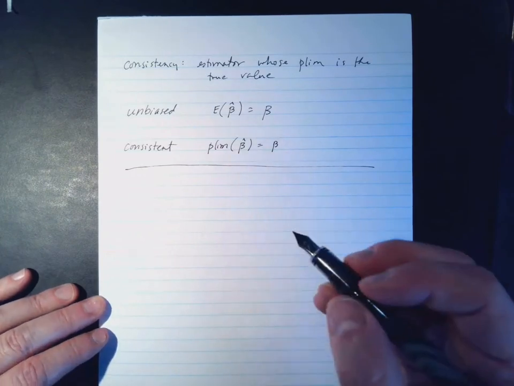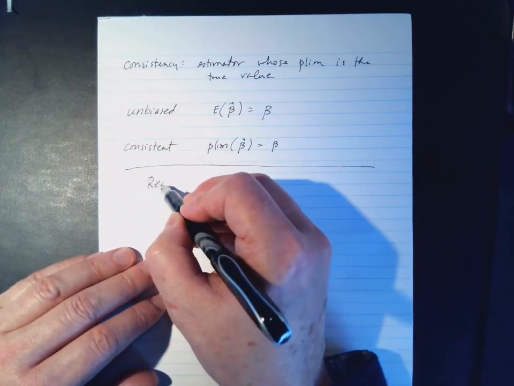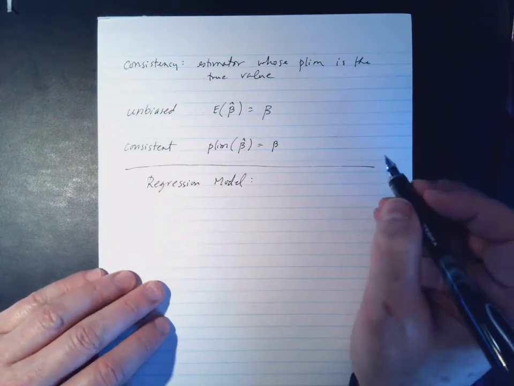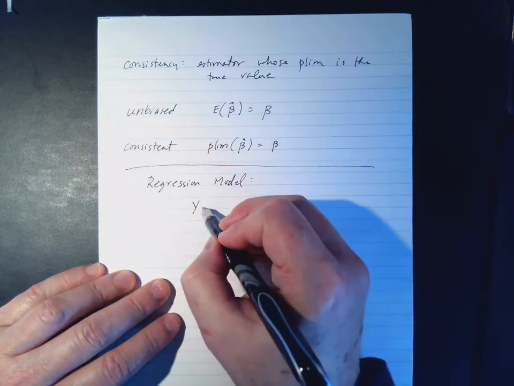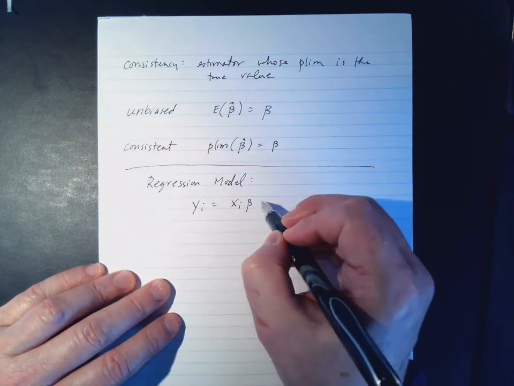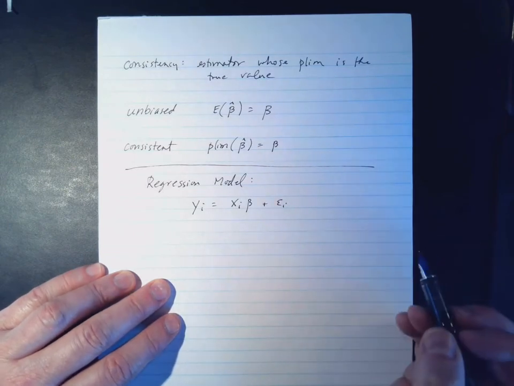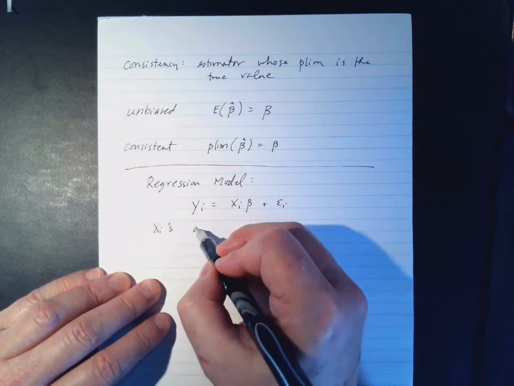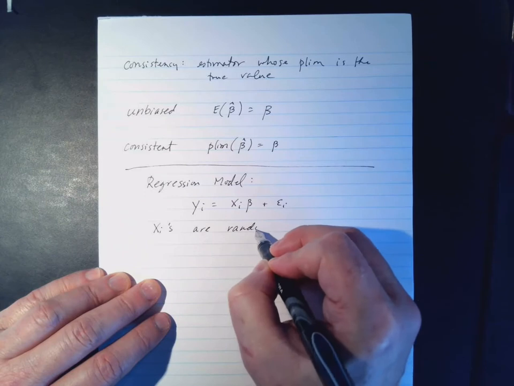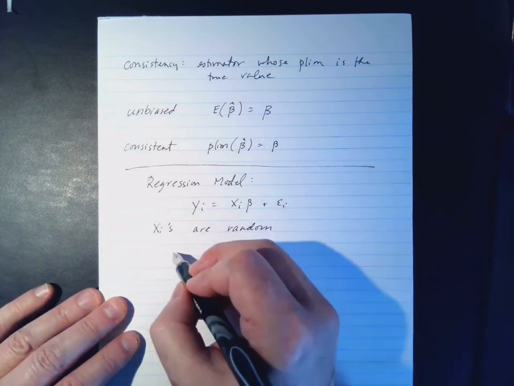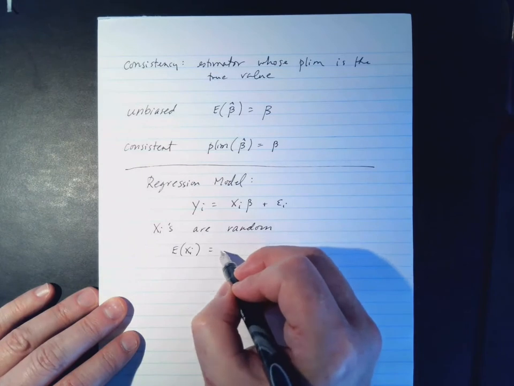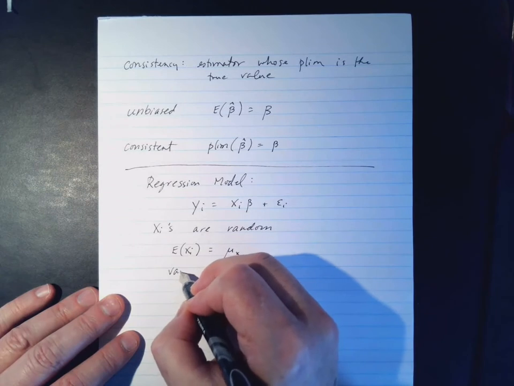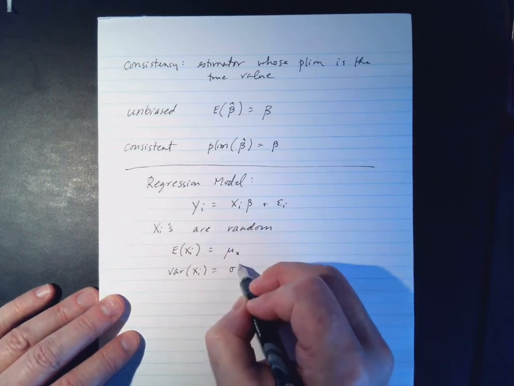So let's go back to our regression model. We're using our simple one variable regression, and now we're going to assume that the x's are random. We have an expectation that the expected value of x is mu of x, and the variance of x is sigma squared x.